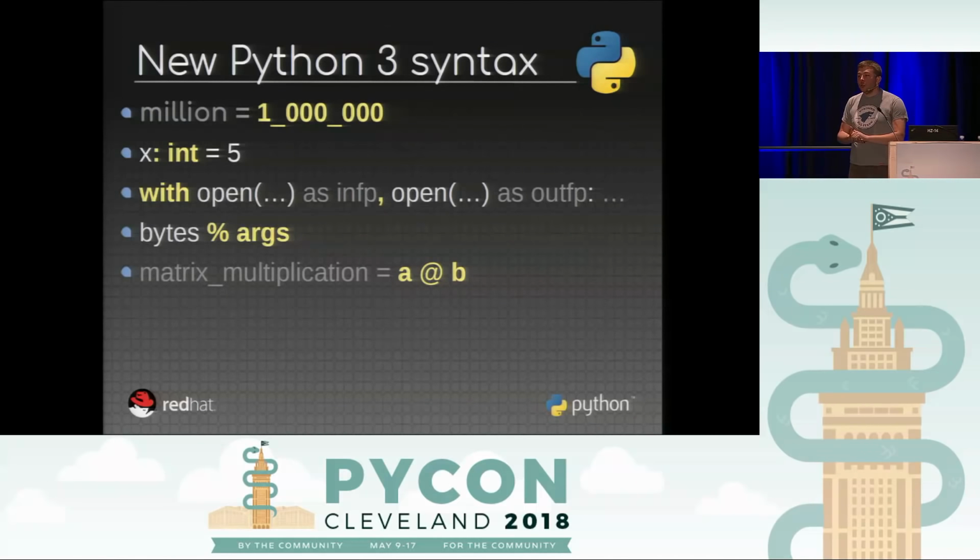Again, we reintroduced bytes formatting, which is useful for Twisted, Mercurial, or any project which prefers to use bytes for data. And the last one is a new operator. In my opinion, it's very important for NumPy and the scientific world, because previously you had to use the NumPy dot function to multiply 2 matrices, and now you have a dedicated operator. It's much better.